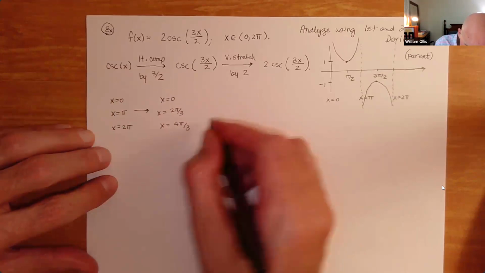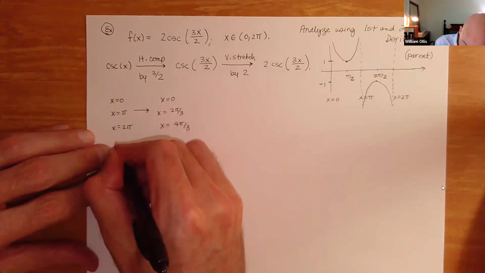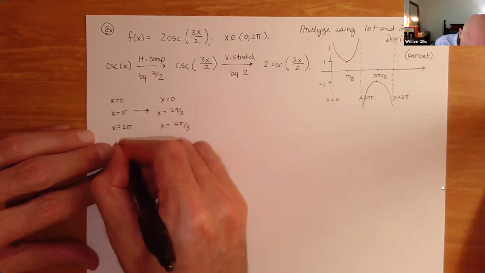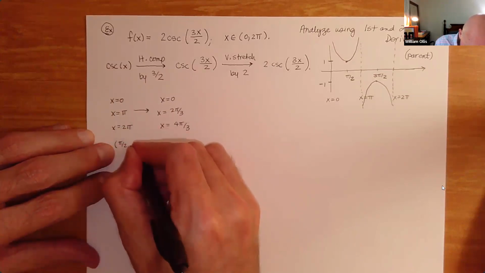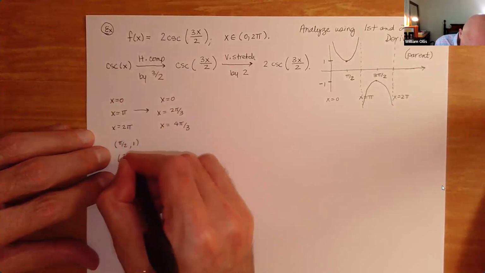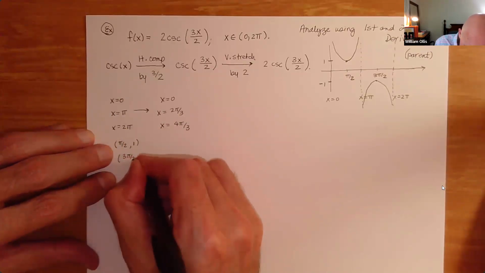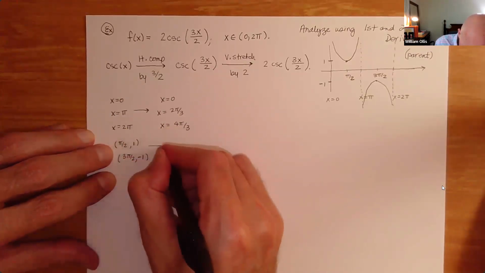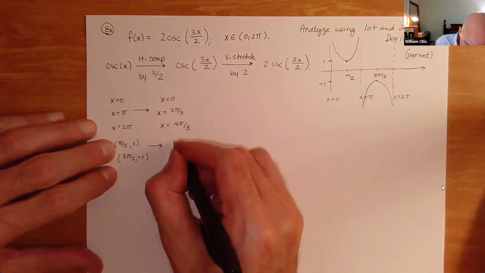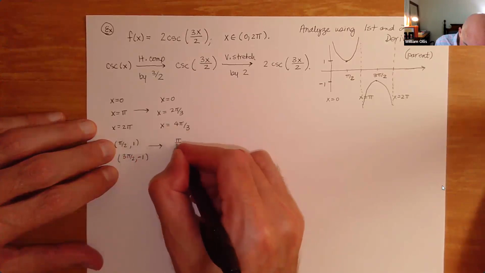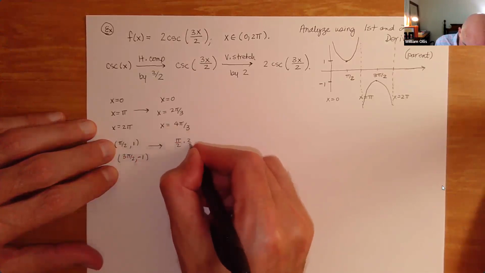And then, of course, what's going to happen to the point? We've got what? Pi over 2, 1, and we have 3 pi over 2, -1. So I'll just draw an arrow there. And so, of course, we're going to do the same thing here. We have what? Pi over 2 times 2/3.